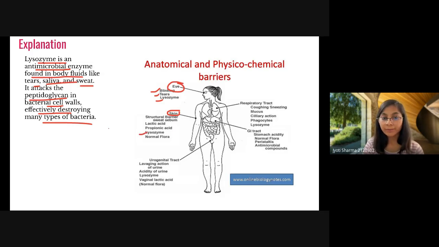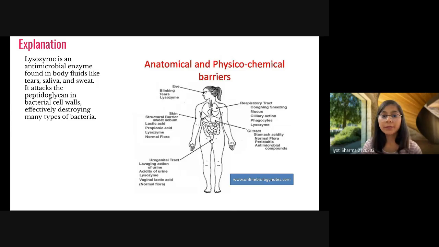We have lysozyme in sweat, but we also have lactic acid, propanoic acid, and some normal flora that can protect us from bacterial infection. Likewise, in the respiratory tract, gastrointestinal tract, and even urogenital tract, we have some enzymes and compounds that help protect us from bacterial infection. But the question was just about sweating, which kind of enzyme is found. So the enzyme is lysozyme.